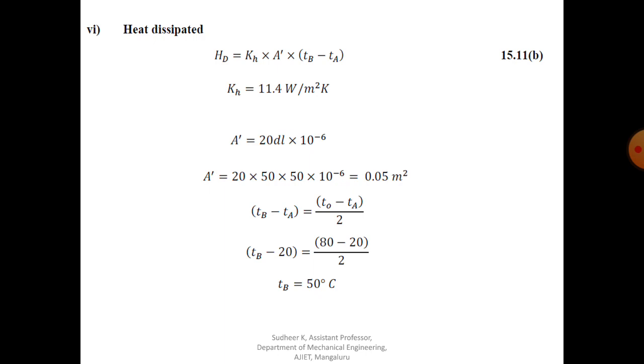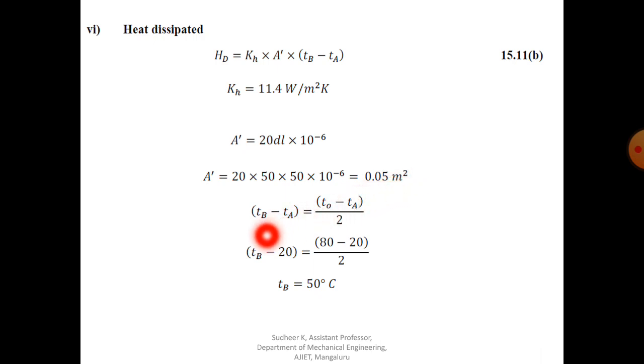That equation is given as 20 dl into 10 to the power minus 6. The 20 is the standard equation constant they have given. D is the diameter of the journal, and L is the length of the bearing. After substitution you will get the area of the bearing housing as 0.05 meter square.